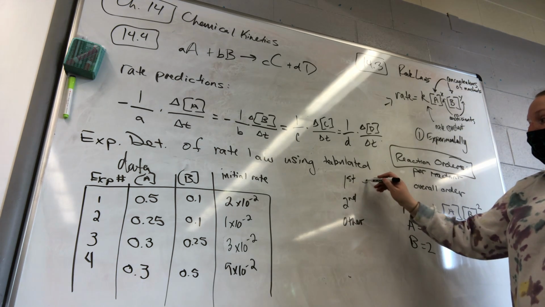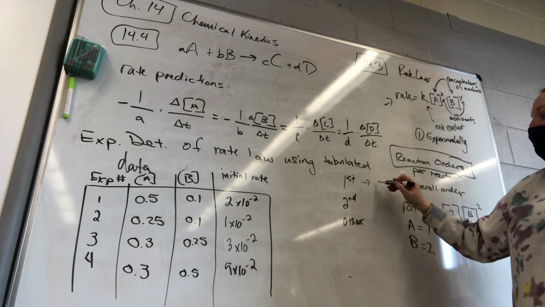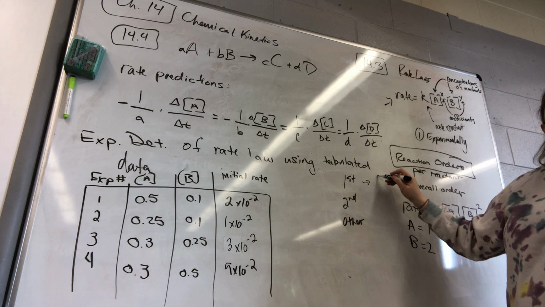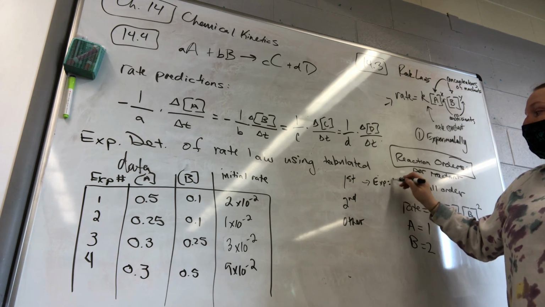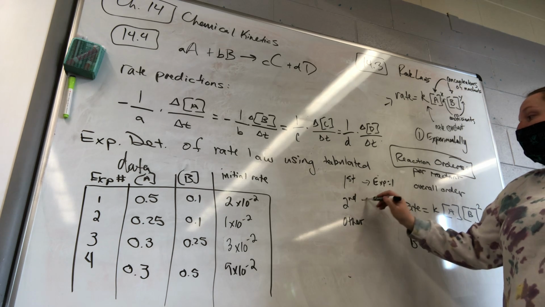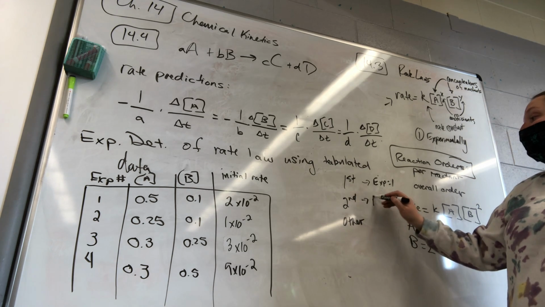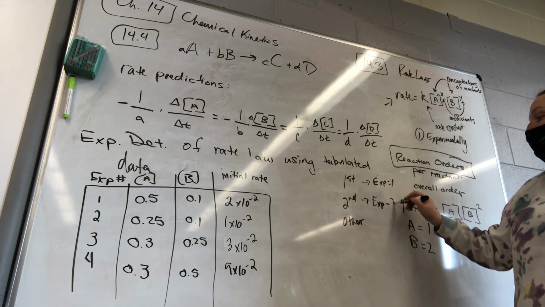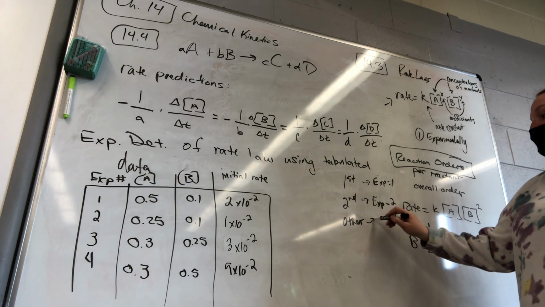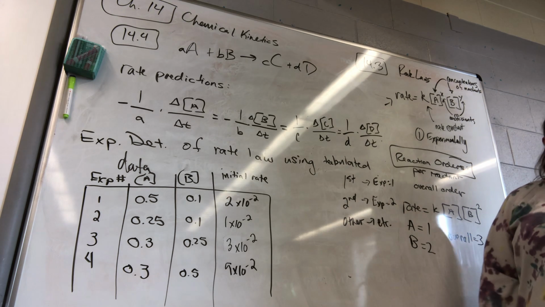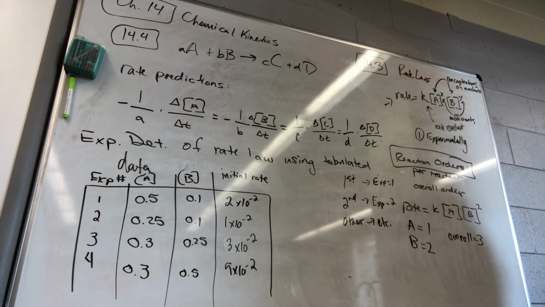If something is first order, remember that its exponent will be 1. If something is second order, its exponent will be 2. And we'll talk about what that means here in a second. And I'm going to write etc. for other, right? Because if something went up to an exponent of 3 or 4, etc., etc.